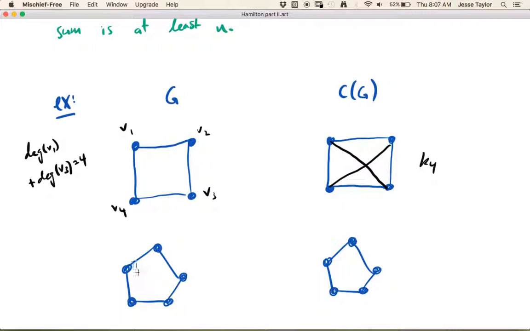So if I take this vertex, it has degree 2, and this vertex, it has degree 2, and if I add them up, I get 4, but here the order of the graph is 5, so I don't want to add that edge because they don't meet my criteria. And you can sort of see this is a symmetric situation, right? Any 2 vertices you choose that aren't adjacent are only going to have degree 2 because every vertex has degree 2. So in this case, the closure of the graph is exactly the same as the original. So we don't need to add any edges.